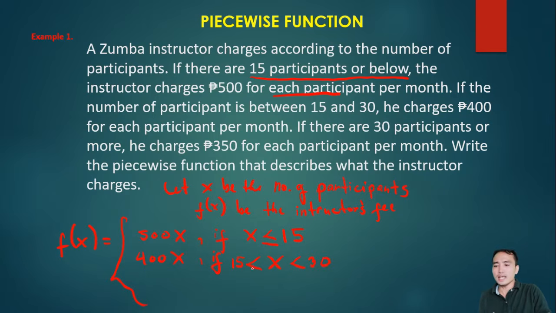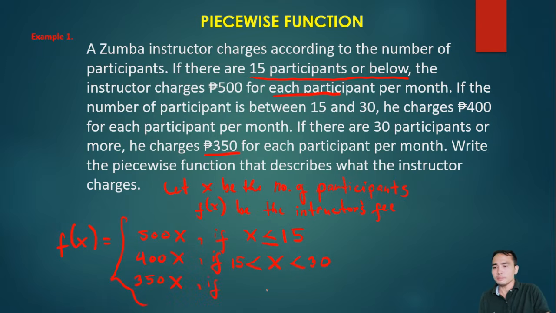So, ibig sabihin, hindi kasama si 15 at si 30. Between. And then, the third condition is, babayad naman tayo ng 350 pesos for each participant per month. 350x.